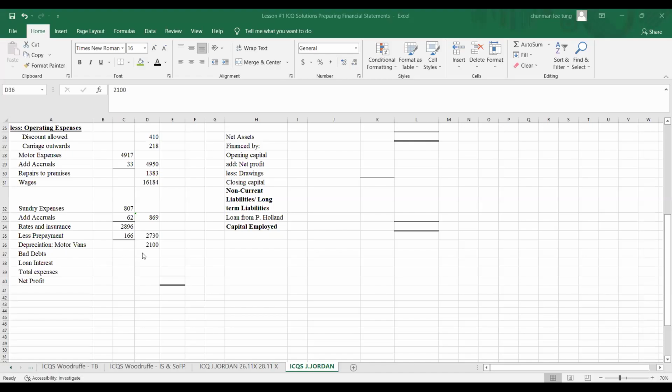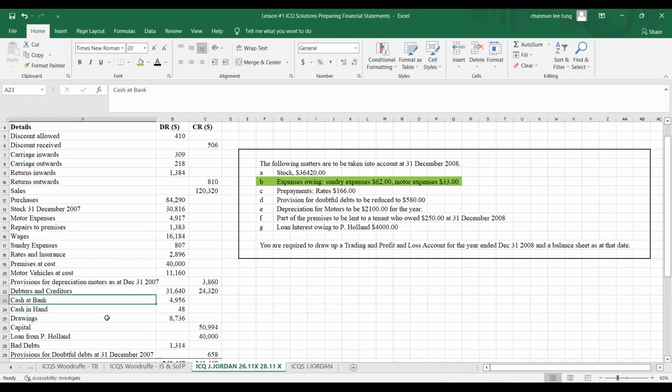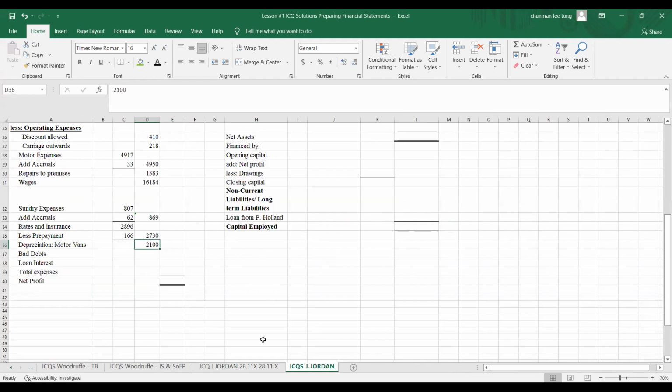All right. So the next expense that we are seeing here in the profit and loss account is our bad debts. And how much is our bad debts? Remember, debtors and creditors are not expenses. Cash at bank, not an expense. Cash in hand, not an expense. Drawings, no. Bad debts, 13.14. So bad debts is the expense.